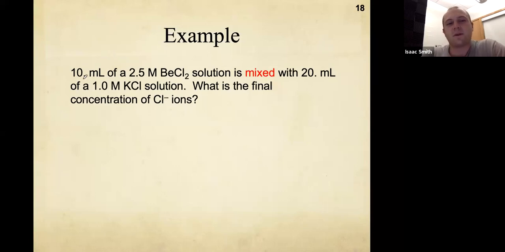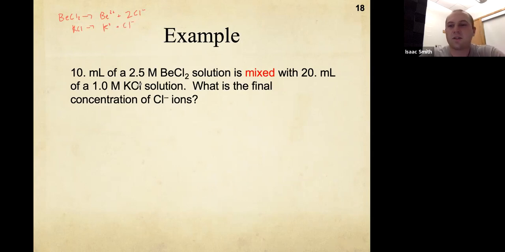Beryllium chloride is soluble in water, so if we put it in water, it would dissociate into beryllium and 2 chloride ions. If we put potassium chloride in water, it's also soluble. It would dissociate into potassium and chloride ions.